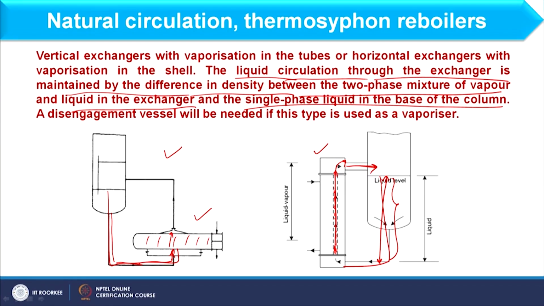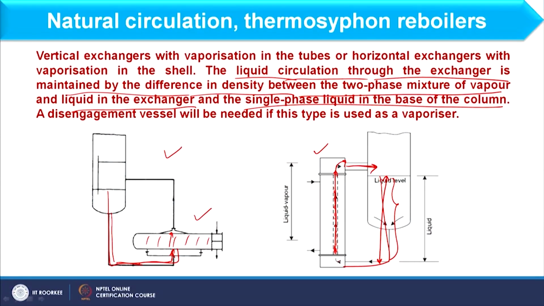So, in this way vapor continuously forms and moves upward because of the density difference, right. So, that vapor also includes certain amount of liquid which also moves upward because from the bottom continuous feed is entering, right. Now, how is this circulation maintained?